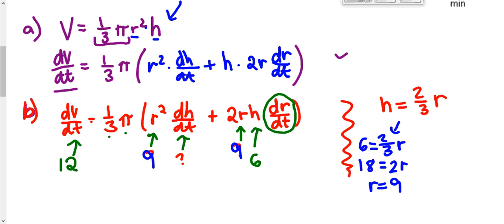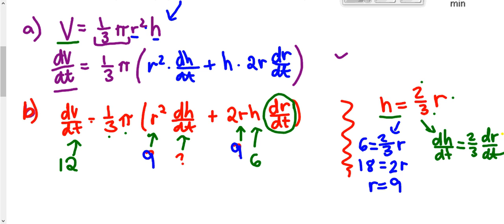We still need dh/dt. Well, there's a second thing that we can do with this equation. We can take the derivative of it. Just like we can take the derivative of volume, we can take the derivative of h. So the derivative of h is dh/dt equals, the derivative of 2/3 r is just 2/3 dr/dt. So dr/dt is what we want to find.